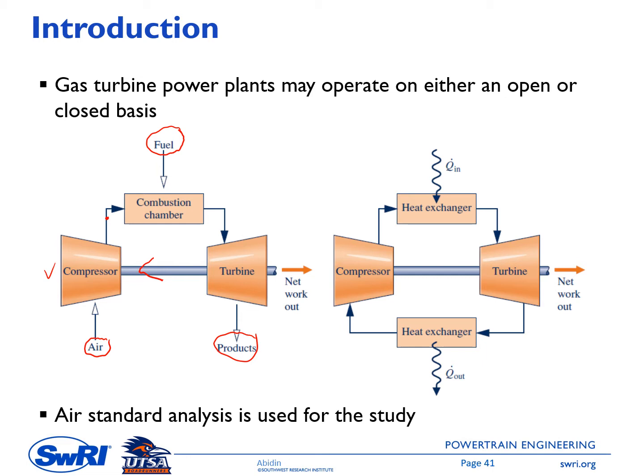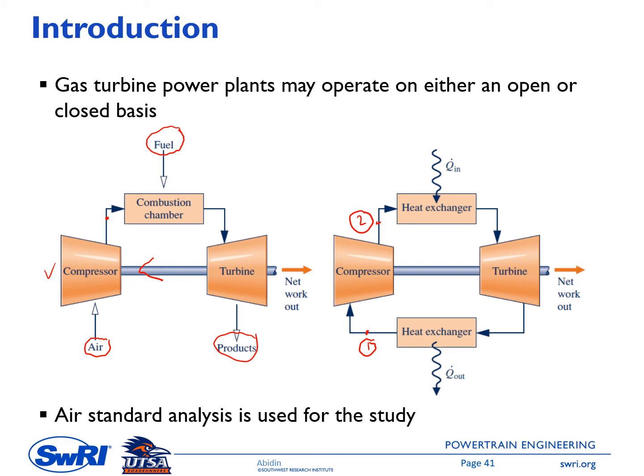And then on the right side, this is a closed gas turbine power system. Let's say here is operating point number 1. The working fluid is compressed as it flows through the compressor going to state number 2. So P2 and T2 are higher than P1 and T1, and then this working fluid flows through the heat exchanger.